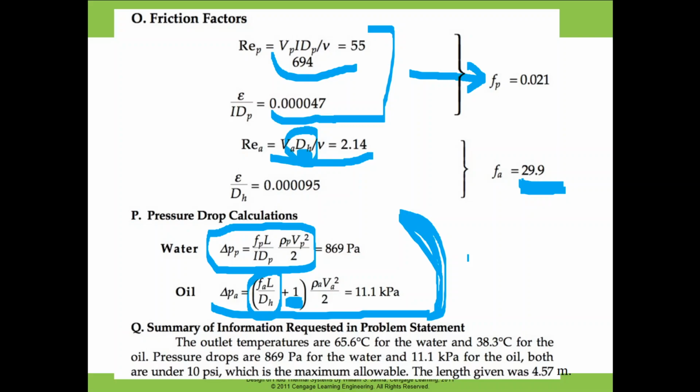So now this analysis is completed here. So we can see that the problem can be solved either by the LMTD method or by the NTU method, and we can calculate the pressure drop also. So this example is completed here.